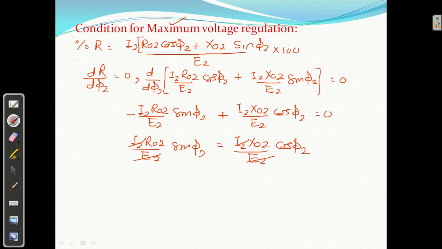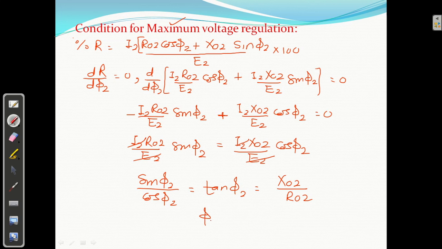You will get sin phi 2 upon cos phi 2, which is tan phi 2, equal to X02 upon R02.